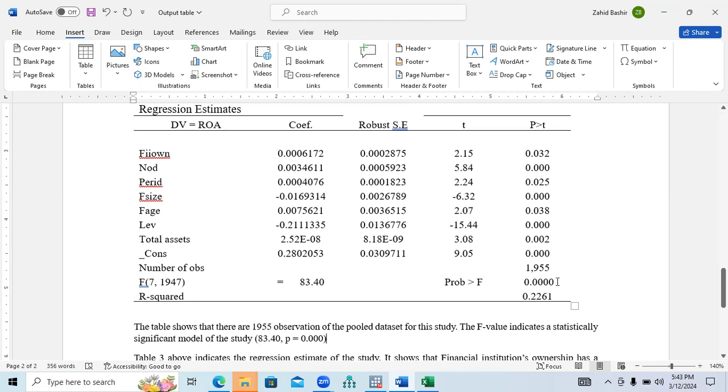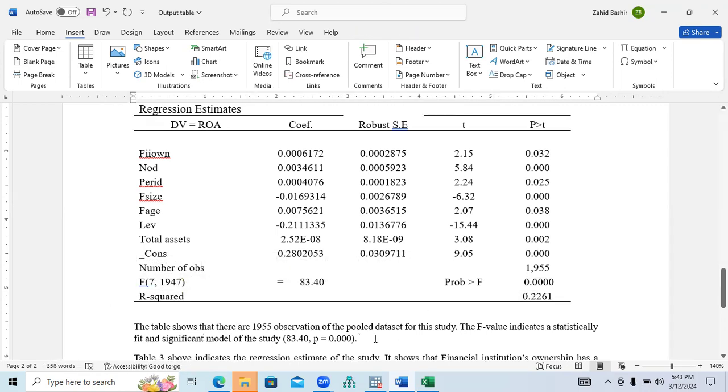This p value should be less than 0.05 to make your model statistically fit. So this is a statistically fit and significant model, right?